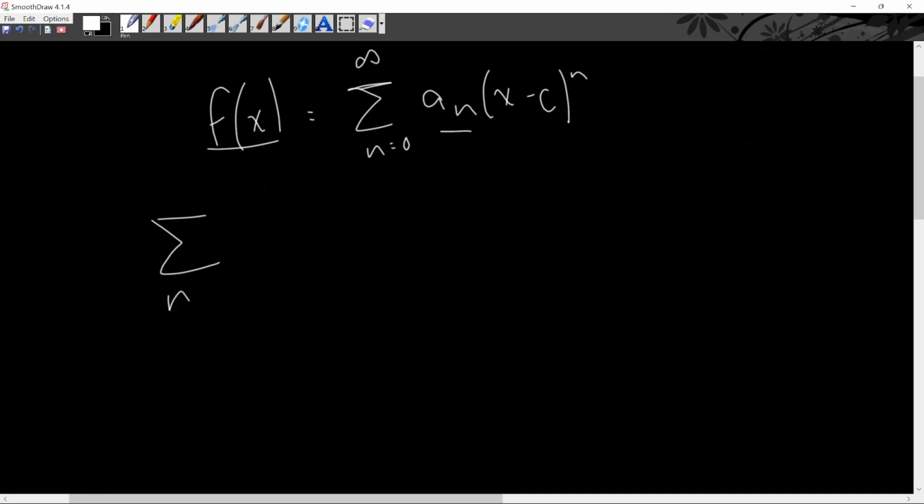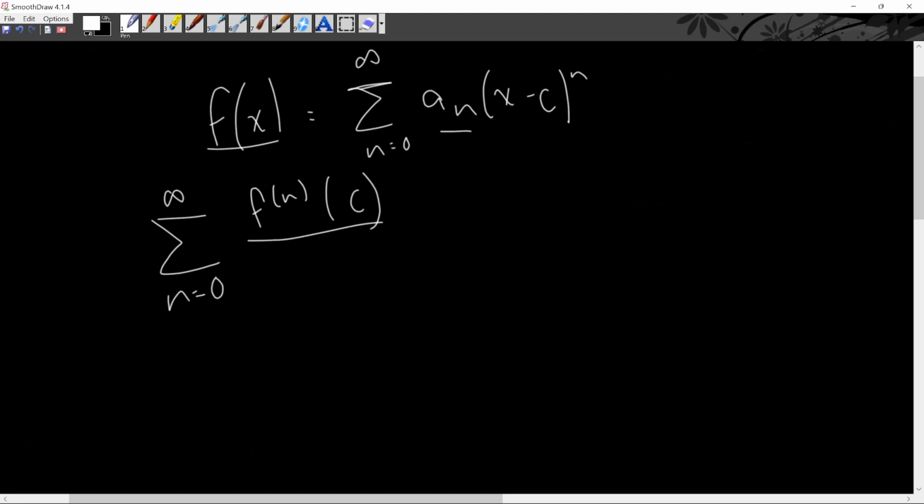So we're going to say it starts at n equals 0 and goes to infinity, and you take the nth derivative of, let's say, c, yeah, the center.